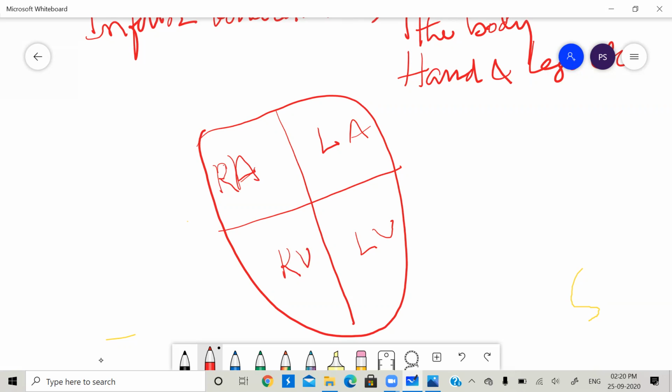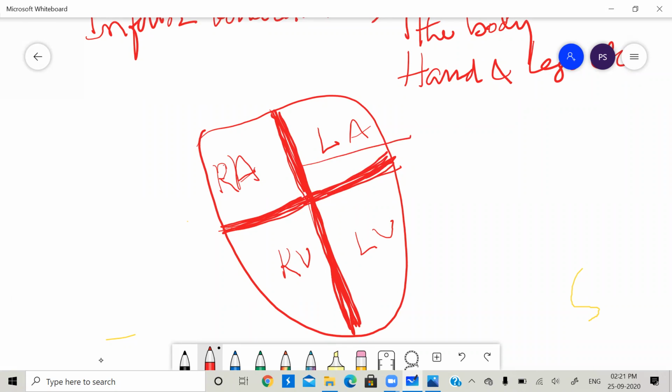There is a septum between the auricles and ventricles. This is between the two auricles, called the auricular septum. This is between the two ventricles, called the ventricular septum. This is the right auriculoventricular septum, and this is the left auriculoventricular septum.